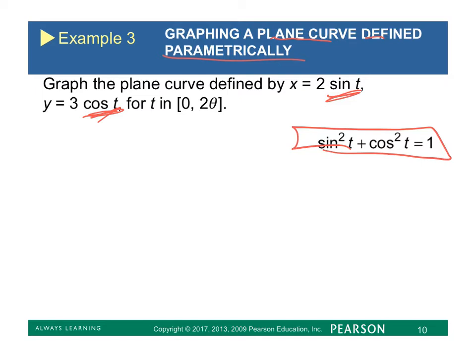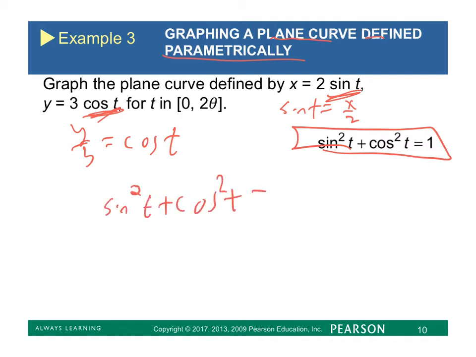So if I take my x, solve this for sine, I get sine of t equals x over 2. This one here, y over 3 equals cosine of t. So if sine squared t plus cosine squared t is 1, that would mean x over 2 squared plus y over 3 squared is equal to 1.